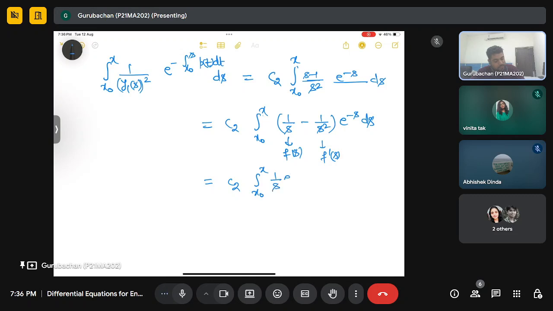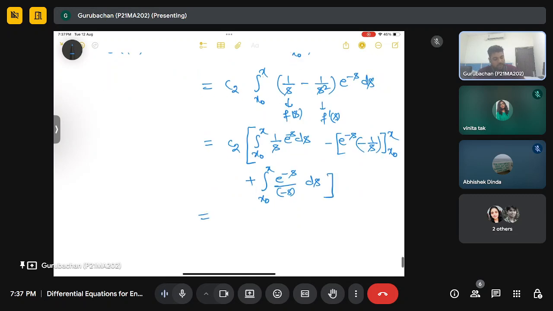If you solve this one, this will give you x naught to x. We will keep this minus s ds as it is, and we will try to integrate the other term. So this will give you e to the power minus s, and this 1 by s square gives you minus 1 by s, x naught to x. The negative sign will become positive, and this c2 is out of the whole bracket. So this will be e to the power minus s, and since this is minus s, x naught to x dx.